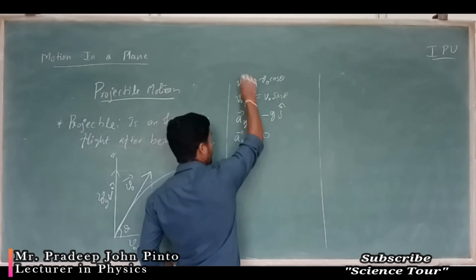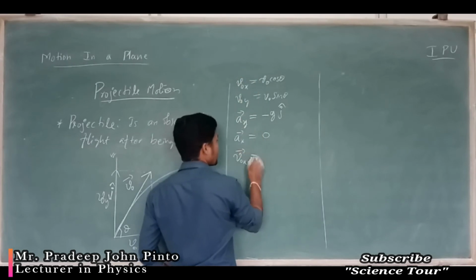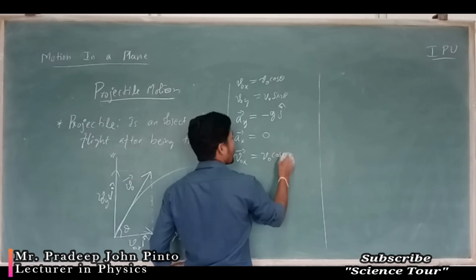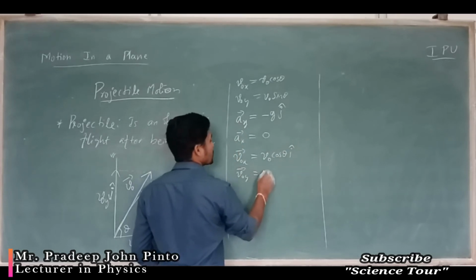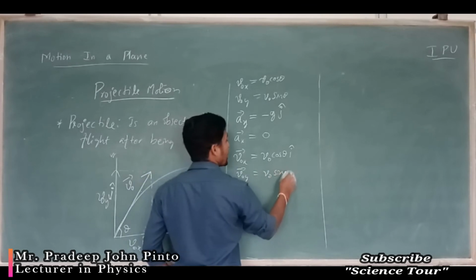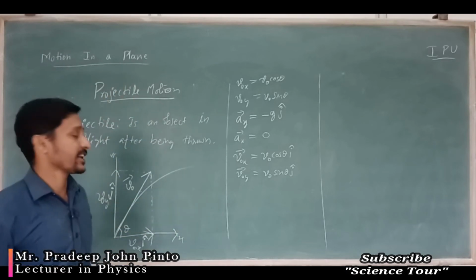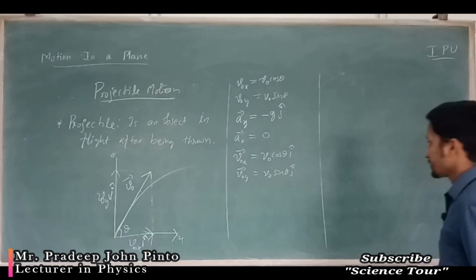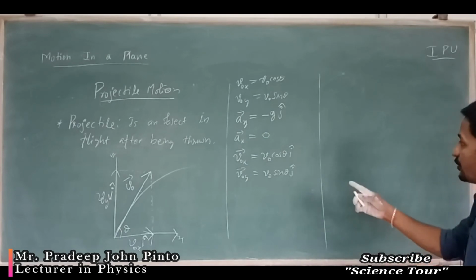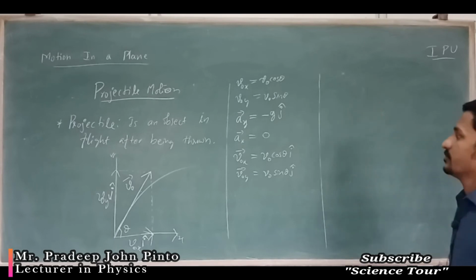Similarly, in vector form, V naught x vector equals V naught cos theta i cap, and V naught y vector equals V naught sin theta j cap. That is in terms of components and vector form.